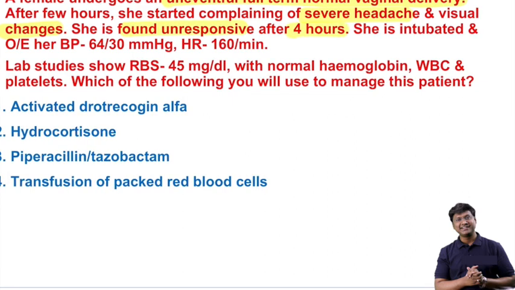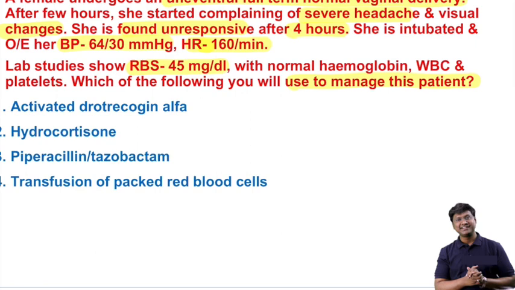She is intubated and on examination, blood pressure is 64/30 and heart rate is 160 per minute. Laboratory studies show random blood glucose of 45 milligrams per deciliter with normal hemoglobin, WBC and platelets. Which of the following will you use to manage this patient? The options are activated drotrecogin alpha, hydrocortisone, piperacillin tazobactam, transfusion of packed RBC.